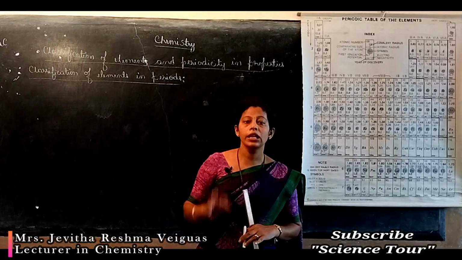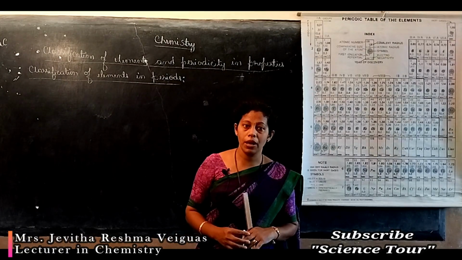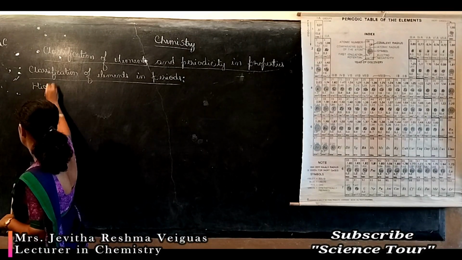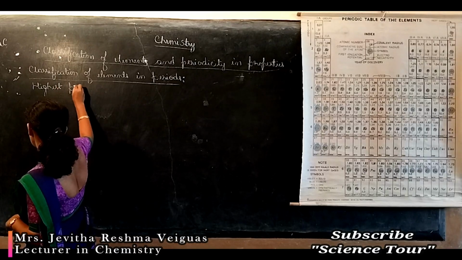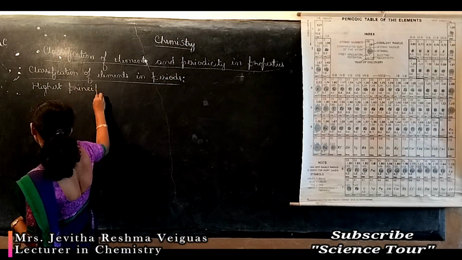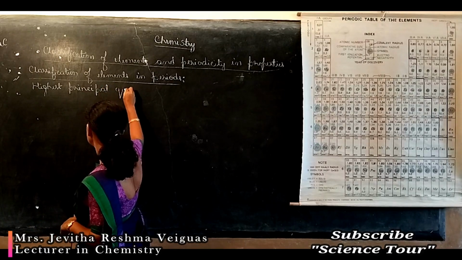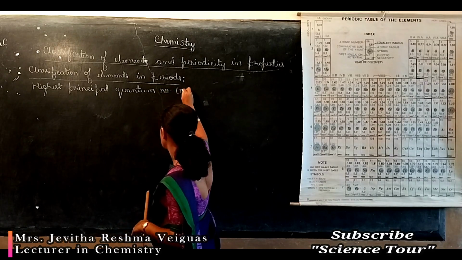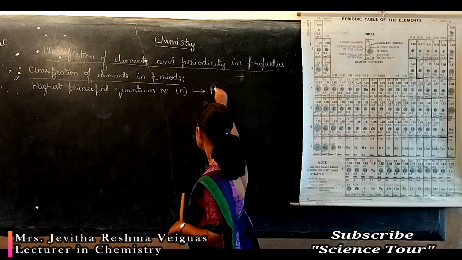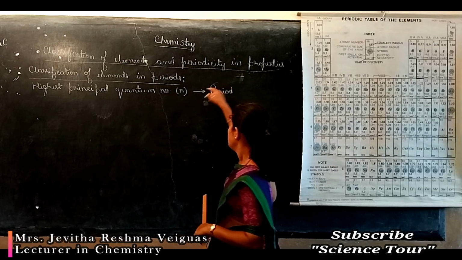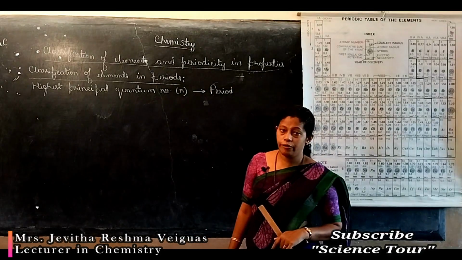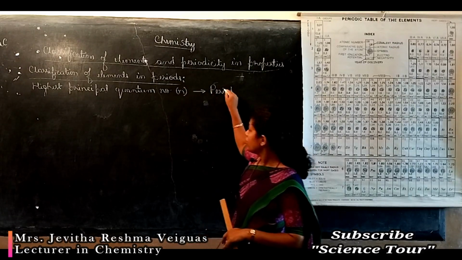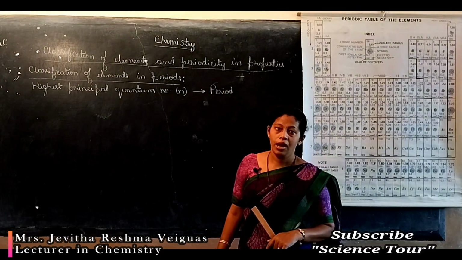Here the period indicates the highest principal quantum number. So the highest principal quantum number, which I will represent by the symbol small letter n, indicates the period. Look at the electronic configuration in which you have to see the highest principal quantum number n. That tells you to which period the element belongs.